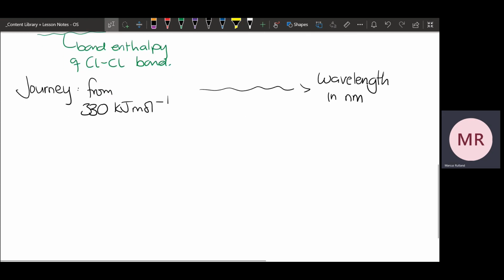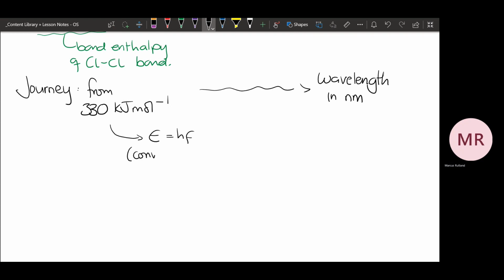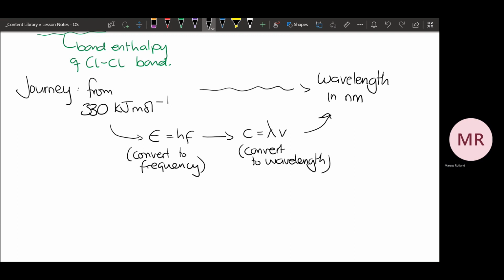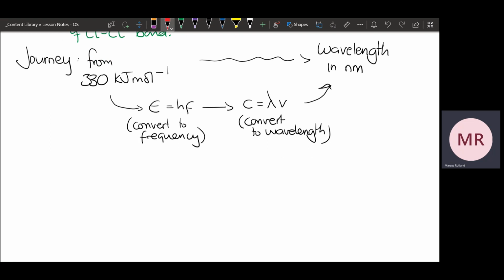And so we're going to have to go via E equals hf to convert to frequency. And then we're going to have to go via c equals lambda v to convert to wavelength. However, we are going to have to do a bit more work than that. So have a look at these steps.